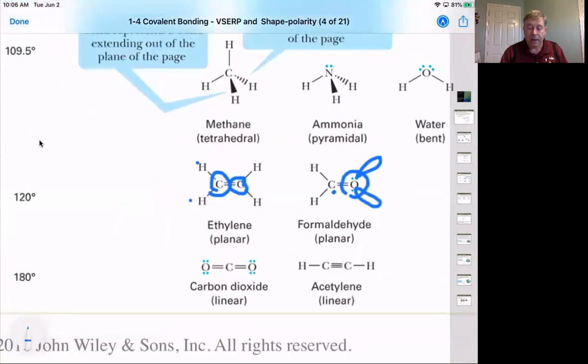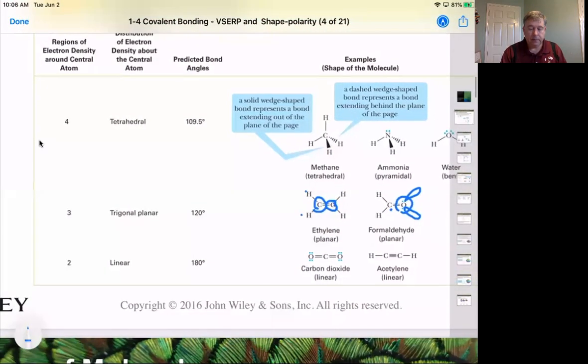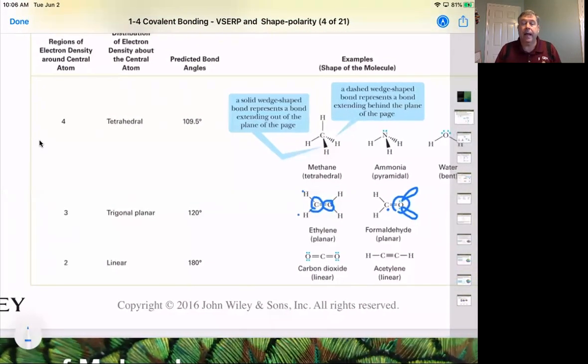Now, what if we only had 2 regions of electron density around an atom? If we try to do that 3-dimensionally, the 2 would be directly apart from each other, or 180 degrees, which makes it linear.